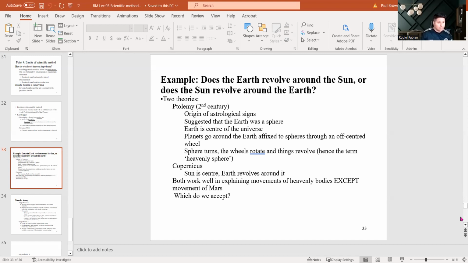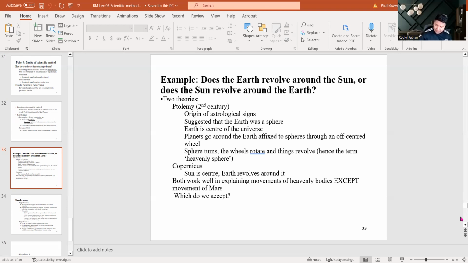And then Copernicus comes along and says, no, the earth revolves around the sun, right? Well, in between the 2nd century and Copernicus, a lot of scientists, a lot of people were killed because they said, no, it's not that the sun revolves around the earth, but instead the earth revolves around the sun. And they got killed because the Catholic Church favored the paradigm that the sun revolves around the earth.